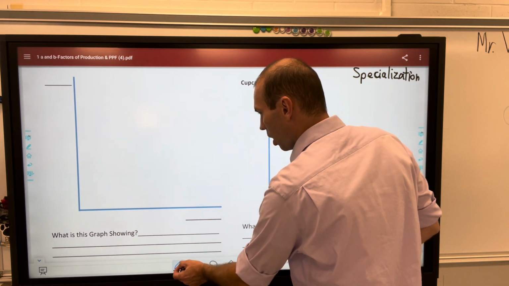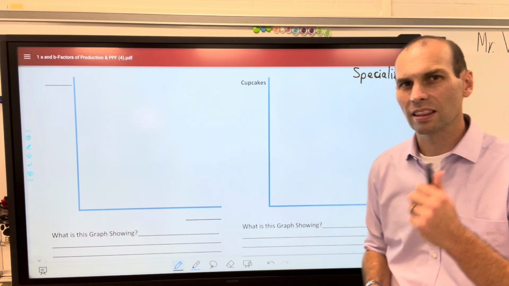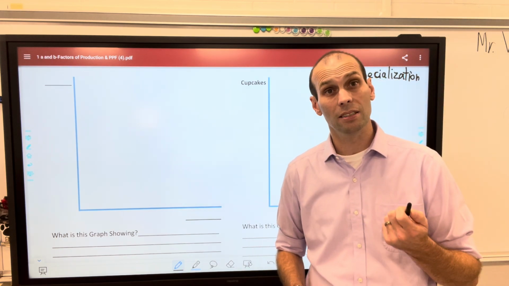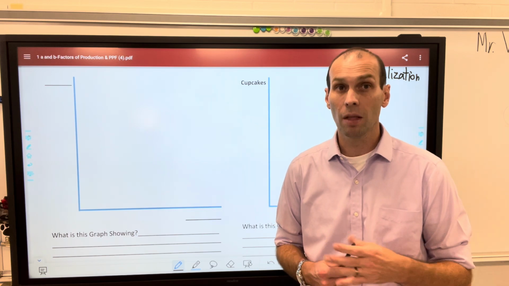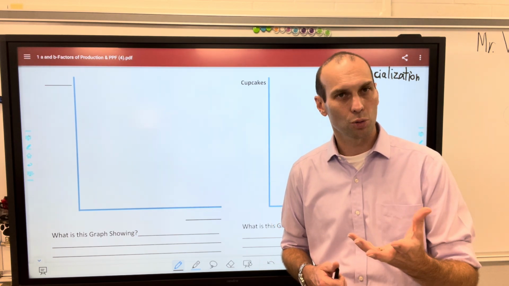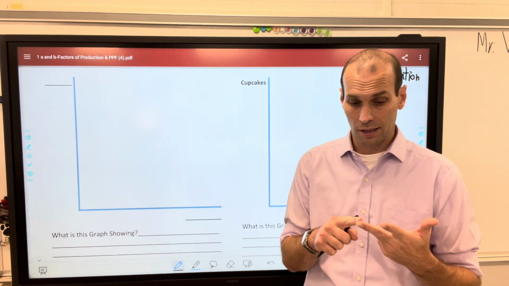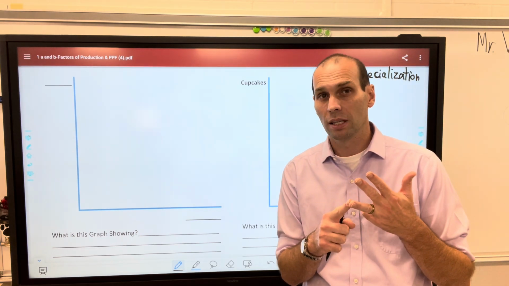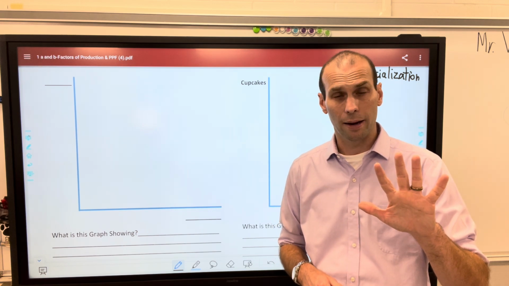So if you think of cupcakes and cakes, what labor do we need? Okay, we need skilled bakers, people who know how to bake and work their way around a baking kitchen. What kind of land or natural resources do we need? Well, we need flour, sugar, eggs. You can put chocolate chips in there, milk and other ingredients like that.